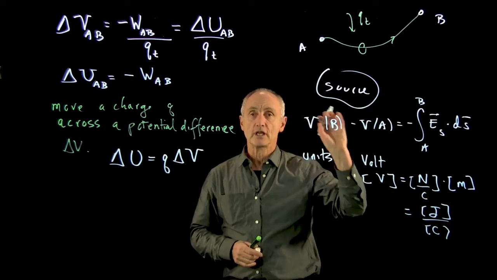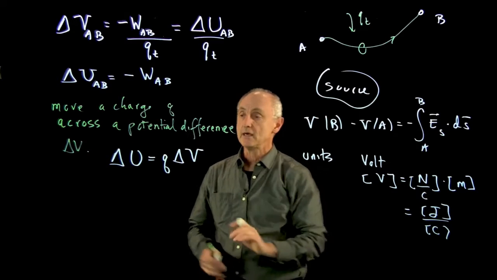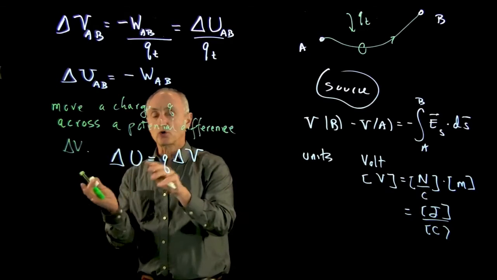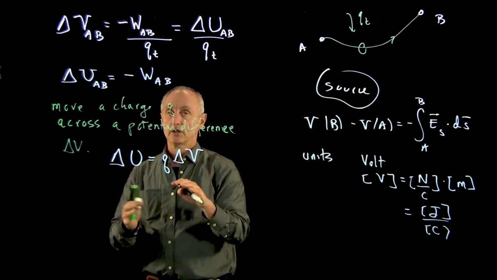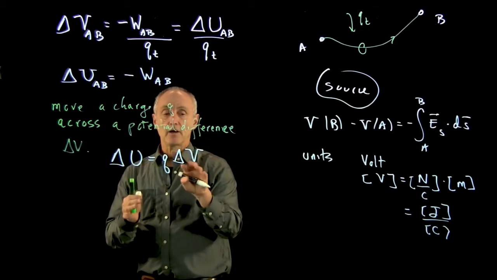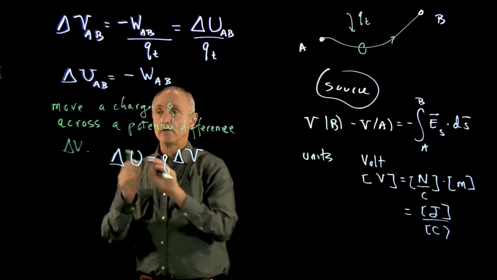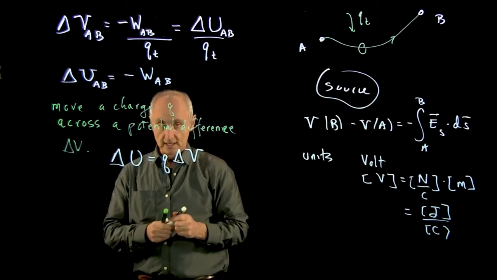If we put a charge in an electric field, the force is QE. If we move a charge across a potential difference, charge across a battery of a certain potential difference, then we know how much potential energy it is.